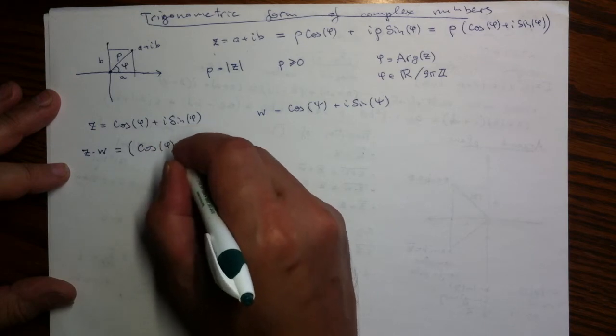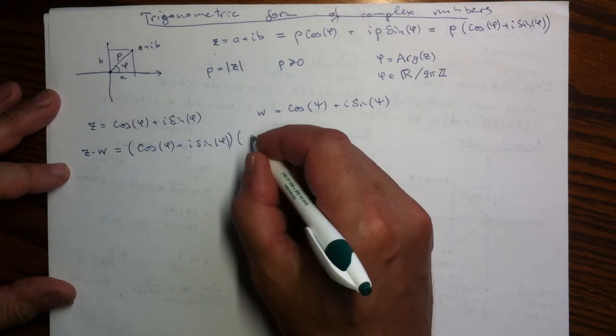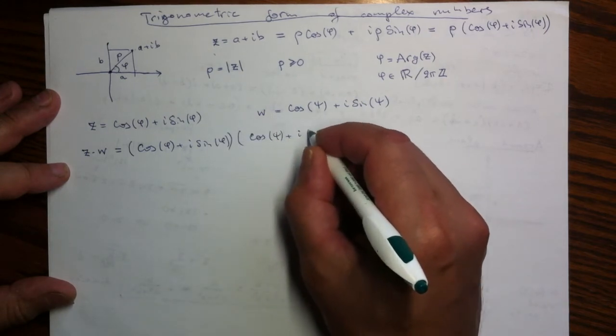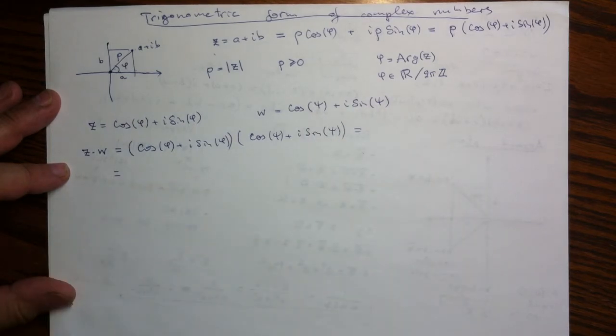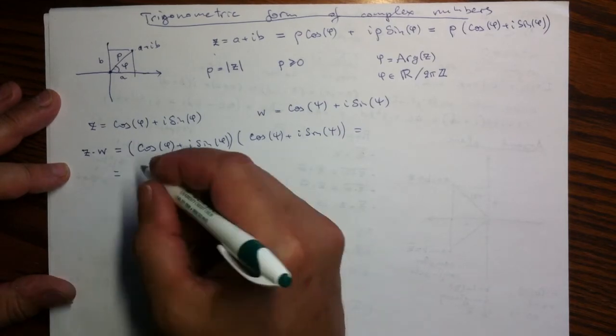Let me write them again. In the product, and here I have cos psi plus i sine psi, and then just remembering what I should do to see the real and the imaginary part of the product.